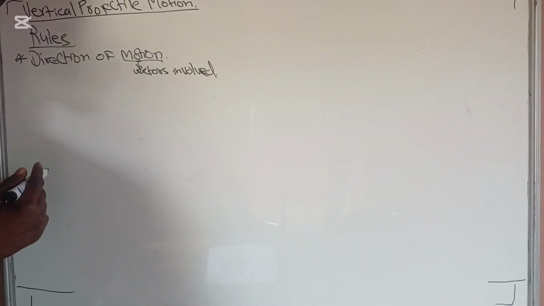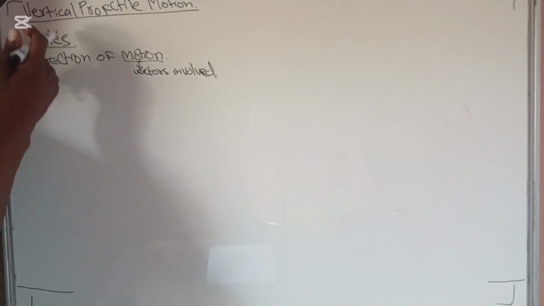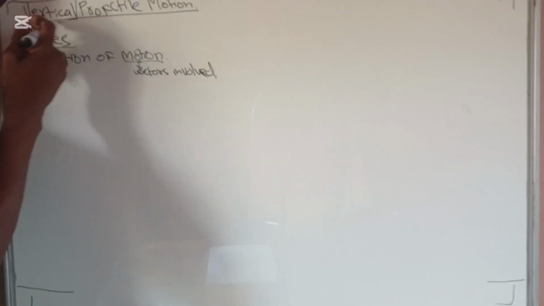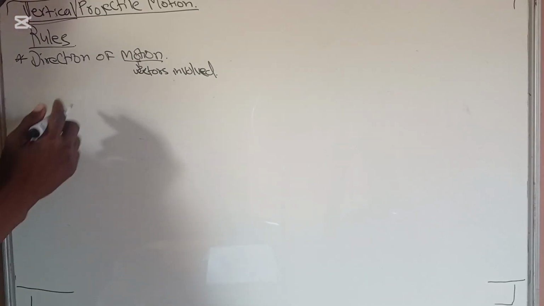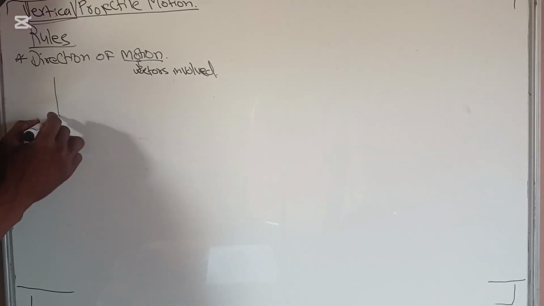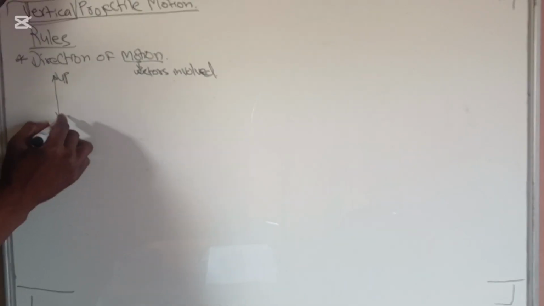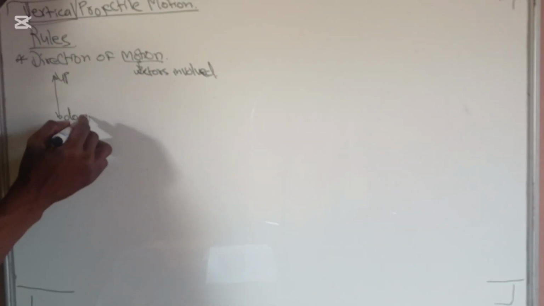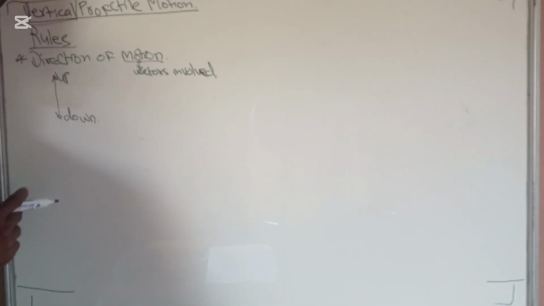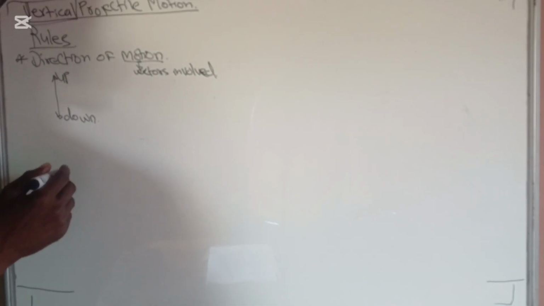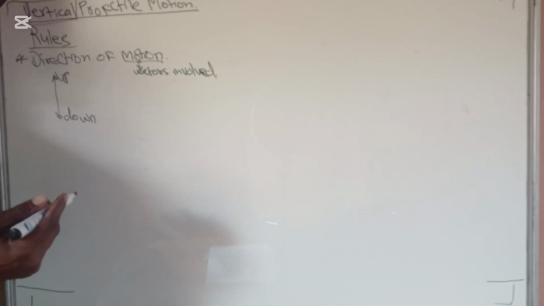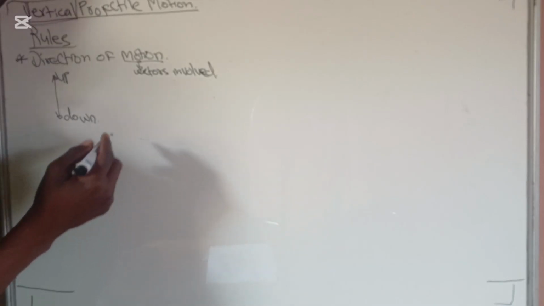Now, our motion is vertical, meaning you have up and down. When I say I need to know the direction, we know that the force of gravity is always pulling downwards. Why?